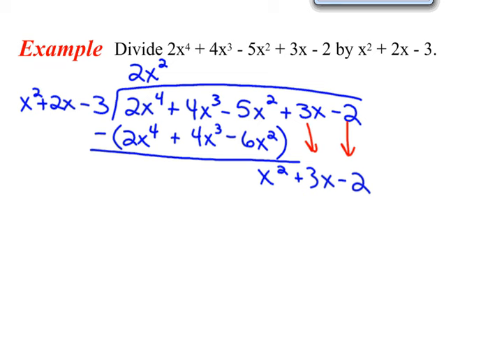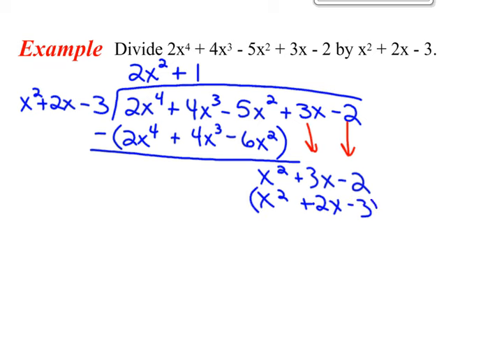So now we ask, how many times does x squared go into x squared? Well, the answer is once. So we put plus 1. And now we multiply. 1 times x squared is x squared. 1 times 2x is 2x. 1 times negative 3 is negative 3.